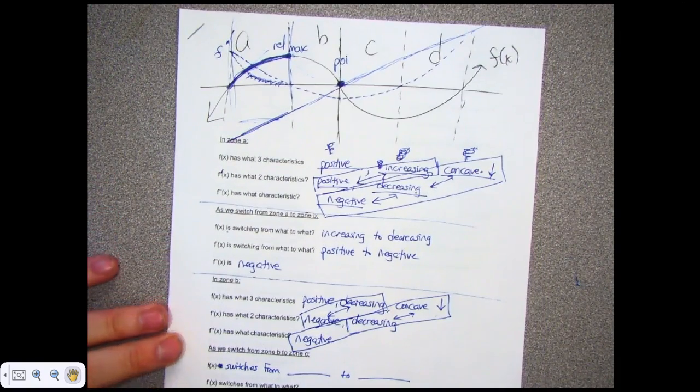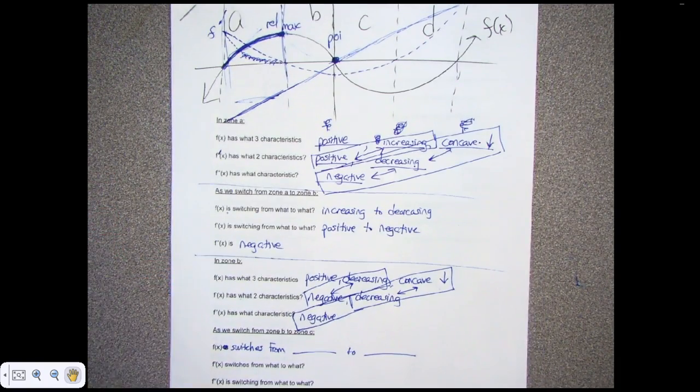So at that point of inflection spot, what's the switch there? What's changing? It is changing from positive to negative, but that doesn't make it a point of inflection necessarily. That's just going above the axis to below, which happens a lot. It's not a point of inflection. It switches concavity, right?